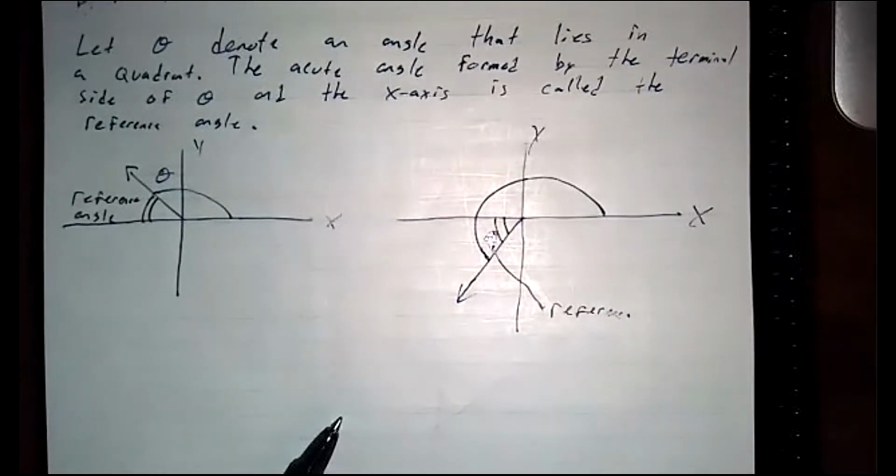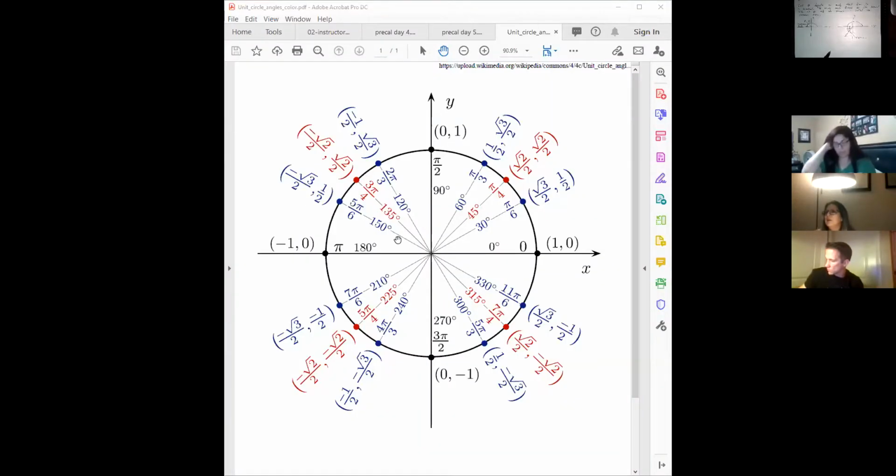So if I show you the unit circle, this is what I'm talking about. Okay. So here is the angle 150, right? So let's say I'm at 0 and I go all the way to 150 and I draw my arrow here, or whatever. You don't have to draw an arrow, just put a line from here to here.